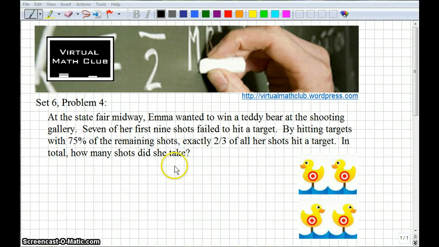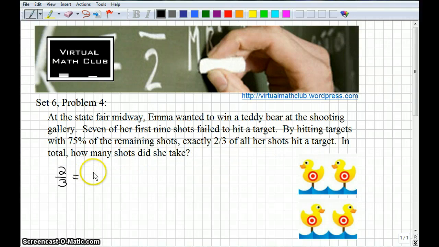Okay. Well, let's see. My hint to you, I guess, would be that we know that two-thirds is the number of shots that hit targets.